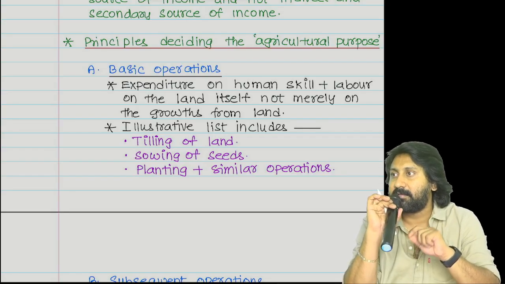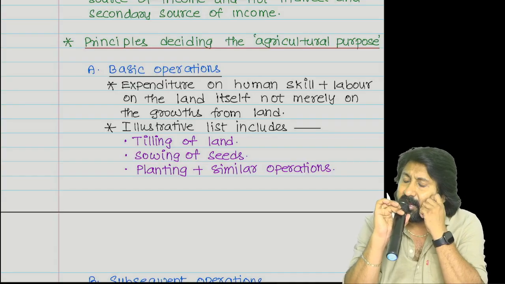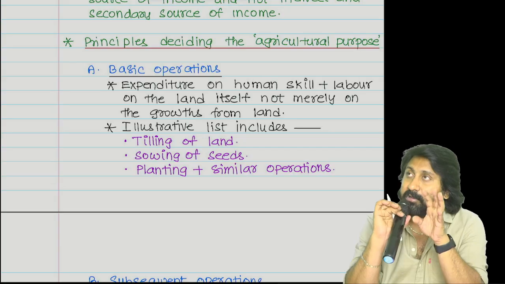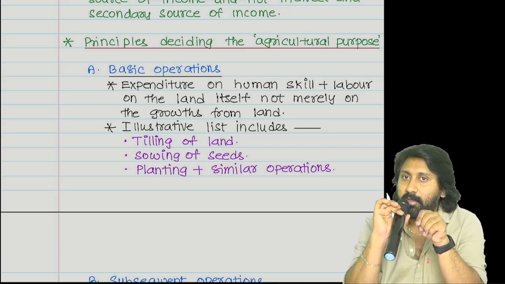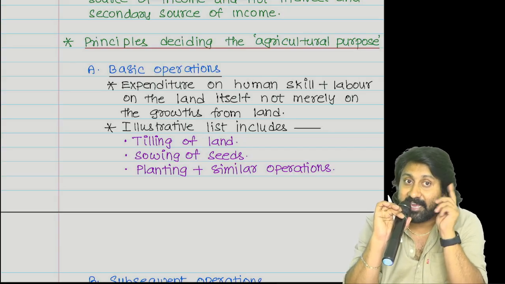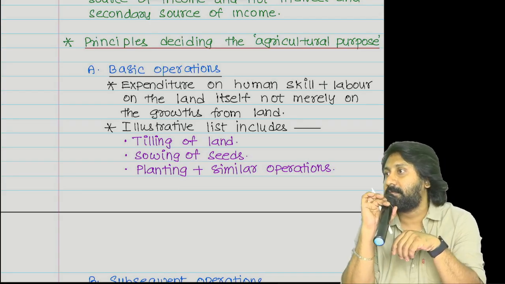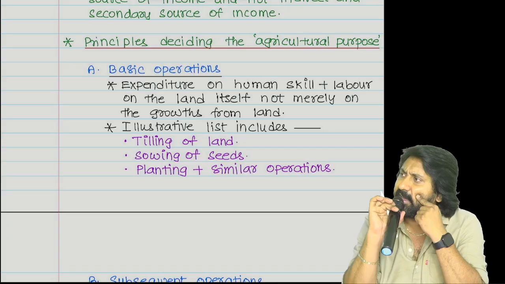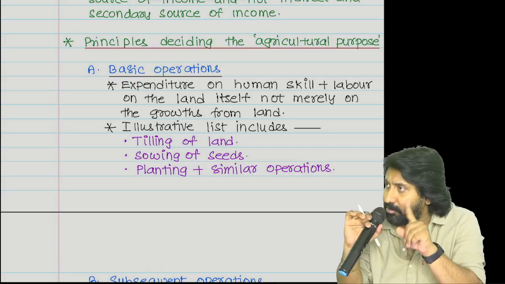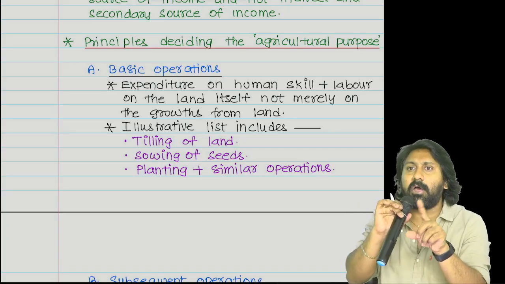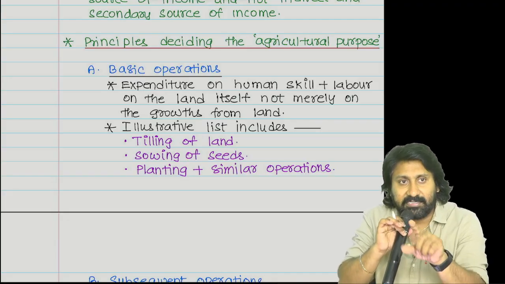Depending on the climatic weather conditions, they can estimate what will happen in the next 4 months. That is called human skill. A farmer always has a human skill set.